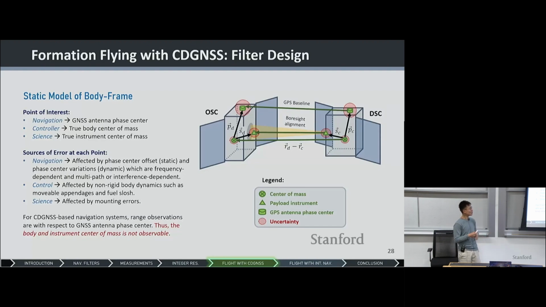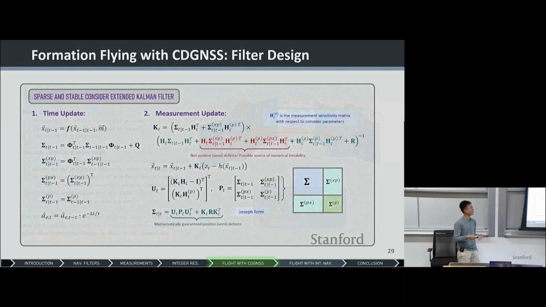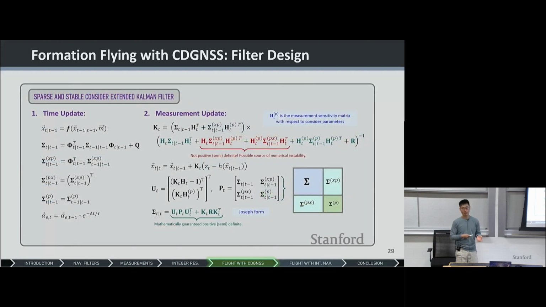We try to capture this in our Kalman filter design by doing what we call a sparse and stable consider extended Kalman filter. In summary, it's basically just considering the uncertainty influences of, say, center of mass uncertainties and phase center offset uncertainties, and we are trying to compensate for that within our filter by propagating those influences into our state covariance.